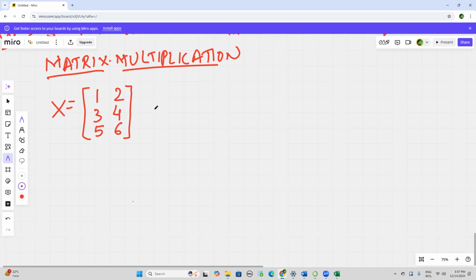This is the value of X. Now I have another matrix, let's say W, and this is, let's say, 0.5, 1, minus 0.5, 2. This is another matrix. One more point: there is no restriction on the number of columns and rows in a matrix.